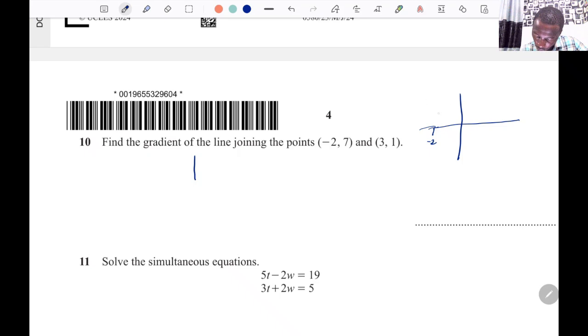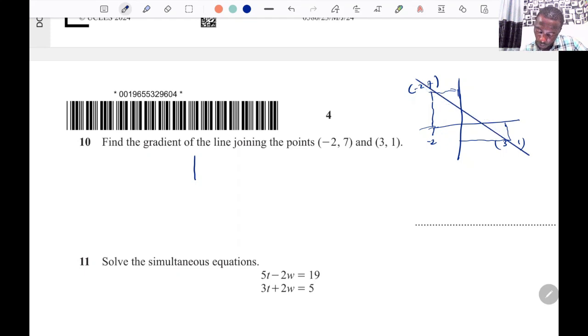Let's assume x is 3 here, and I have 1 here. So the line joins like this, and we're looking at it in that direction.